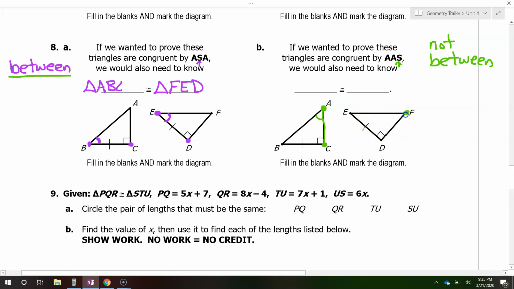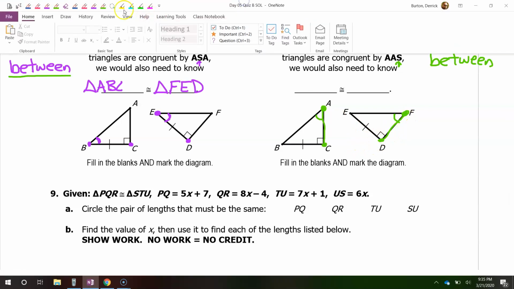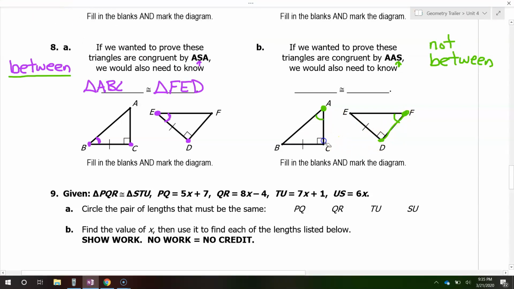So if I pick angle F, I already have angle D. This is the side between. So the marked side is not between. So this is what we want. So I'm going to pick angle F so that the side is not between the two angles. All right, so that is the marking that we're going to need.